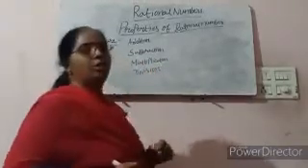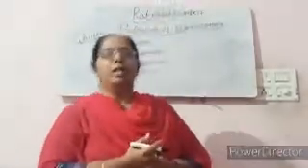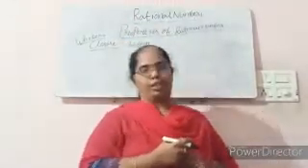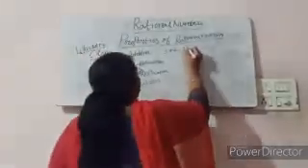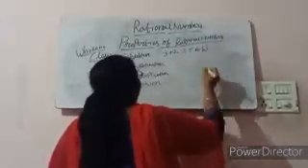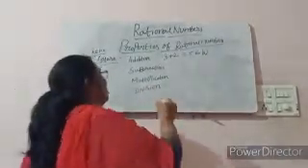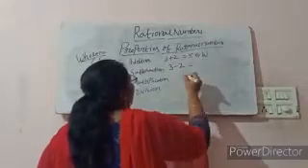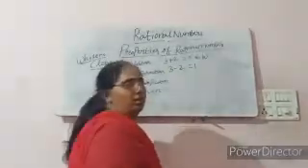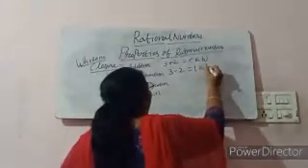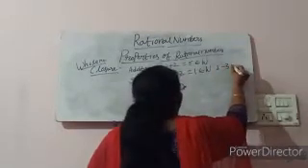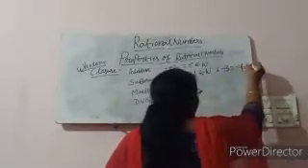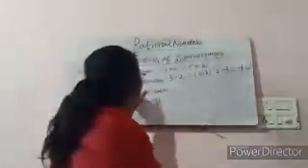What is the closure property? When you operate on two numbers, the resultant should also be in the same set. For example, 3 plus 2 is 5, which is a whole number. In subtraction, 3 minus 2 is 1, a whole number. But 2 minus 3 is minus 1, which does not belong to whole numbers, so subtraction is not closed.